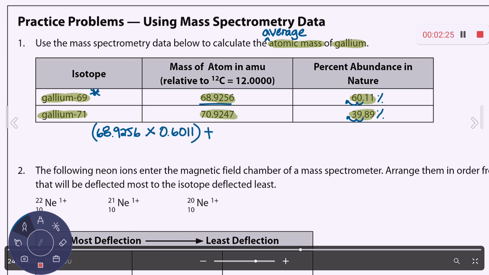Then I'm going to add that to the other isotope, gallium-71: 70.9247 times 0.3989. Round to 2 places past the decimal, just like on your periodic table. You should get 69.72, and my unit would be u, or atomic mass unit.